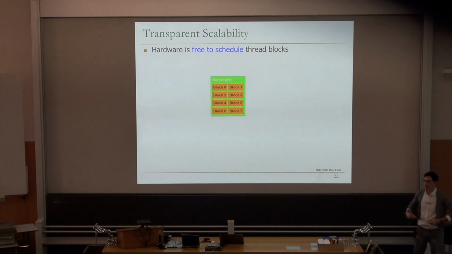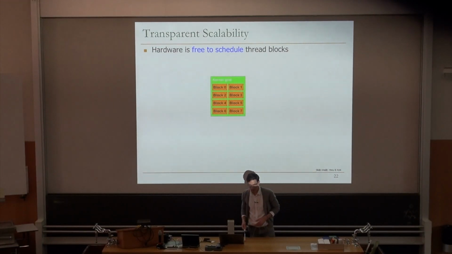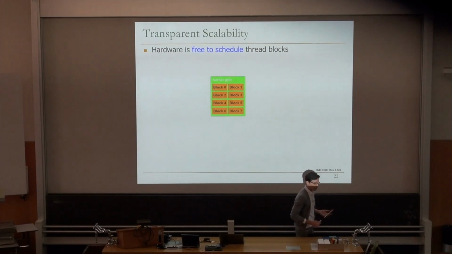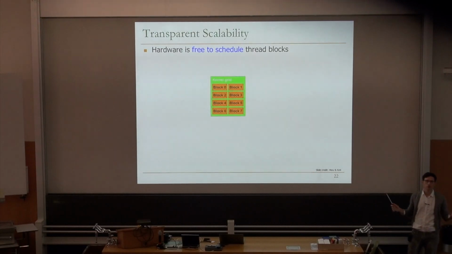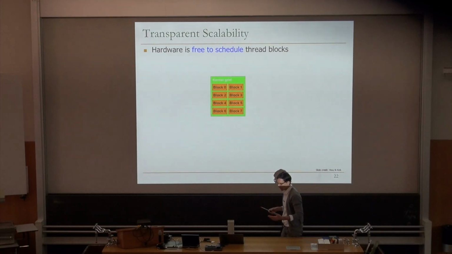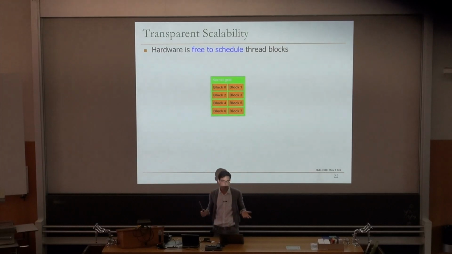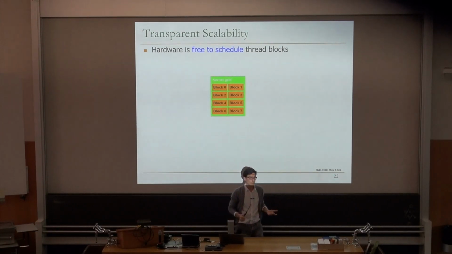If we have a mobile GPU, like on a mobile phone or a laptop, probably the number of SIMD units will be somewhere between 1, 2, and maybe 10. But if we have a high-end GPU, like these Volta V100s used to train neural networks, we will probably have up to 80 of these units. But still, we just want the programmer to write the code once, right?